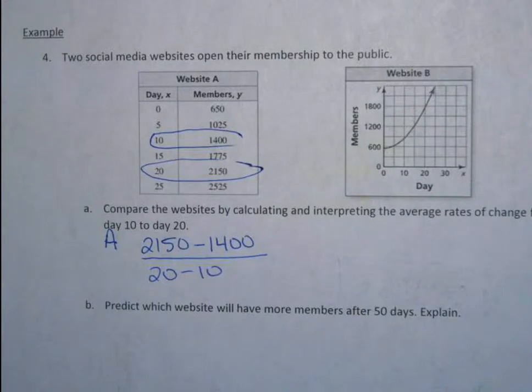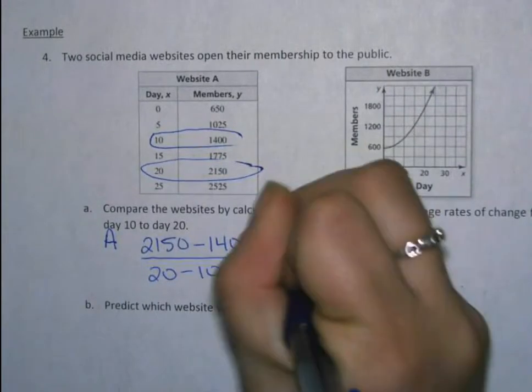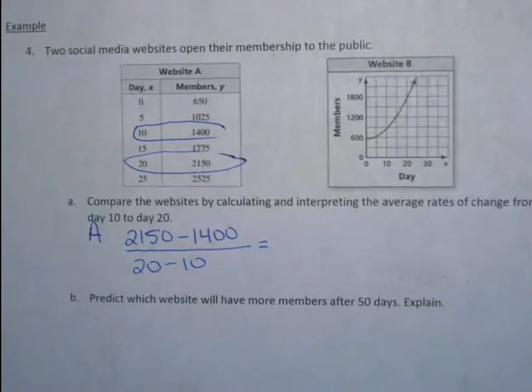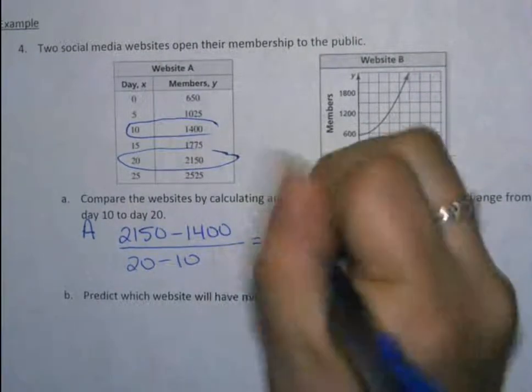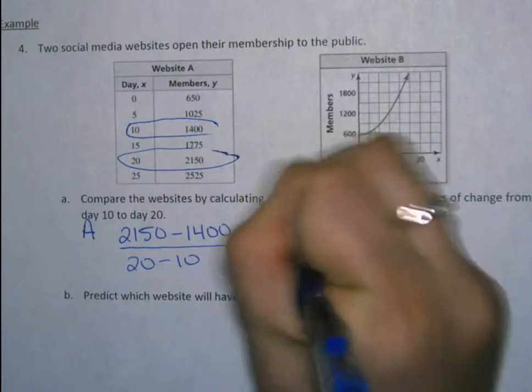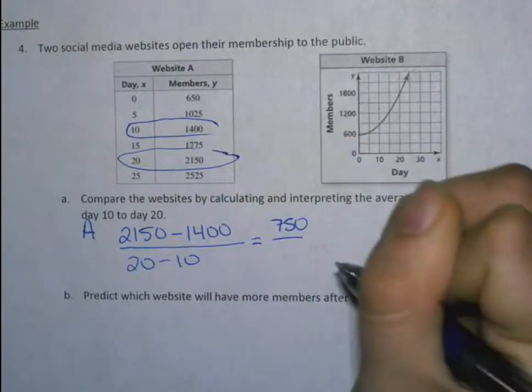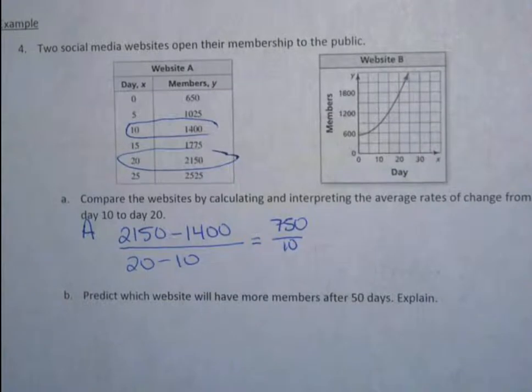So what's 2150 minus 1400? 750. And then 20 minus 10? 10. So 750 divided by 10? 75.